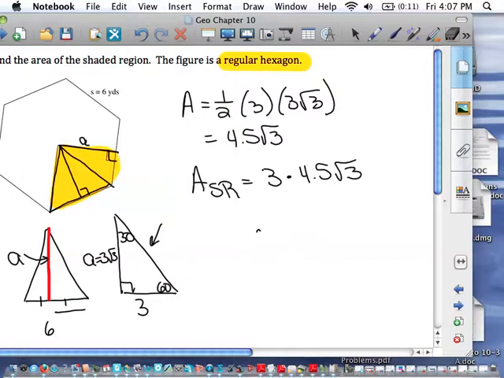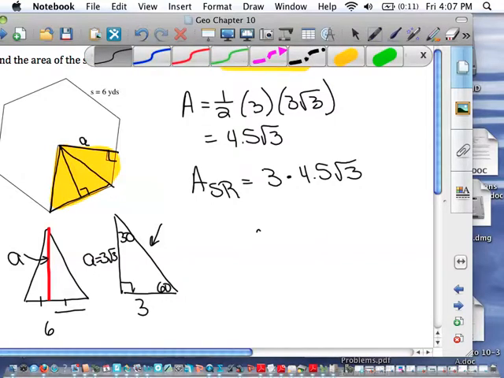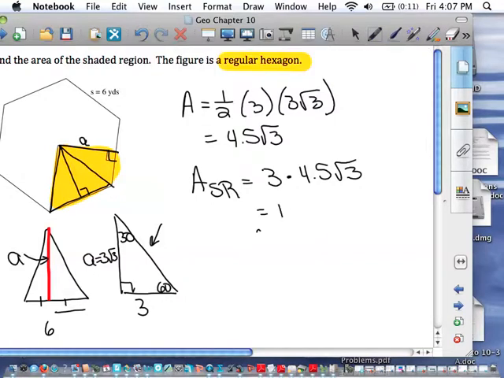The shaded region is equal to 13.5 square root of 3, which is approximately equal to 23.38 yards. Again, that problem isn't hard. It just requires you to start labeling the dimensions that you have and to start to break those polygons into the triangles so that you can get the information.